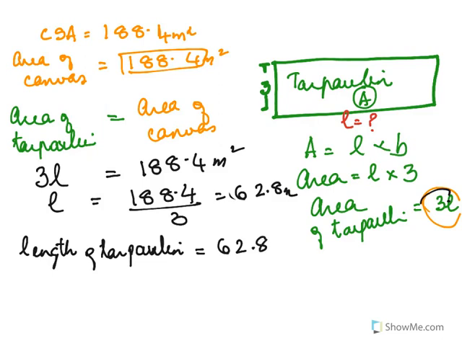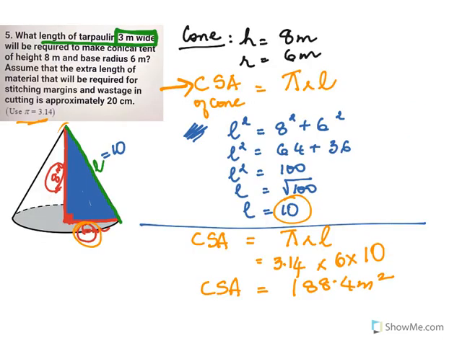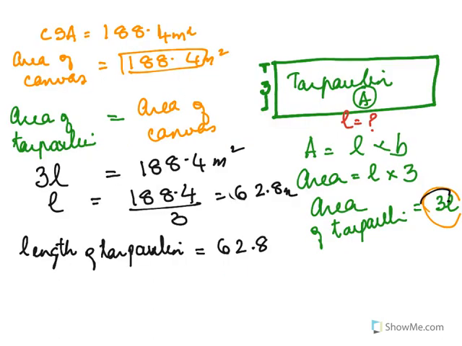But that's not enough. If you go back to the sum, they said they require 20 centimeters more for stitching, margins and wastage in cutting. So how much do they require?